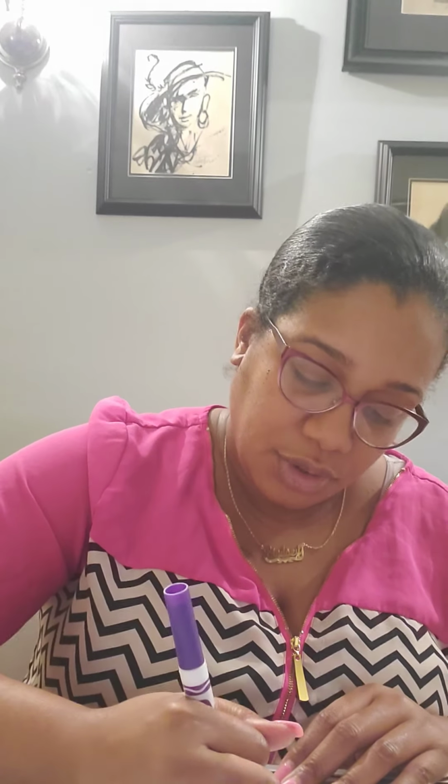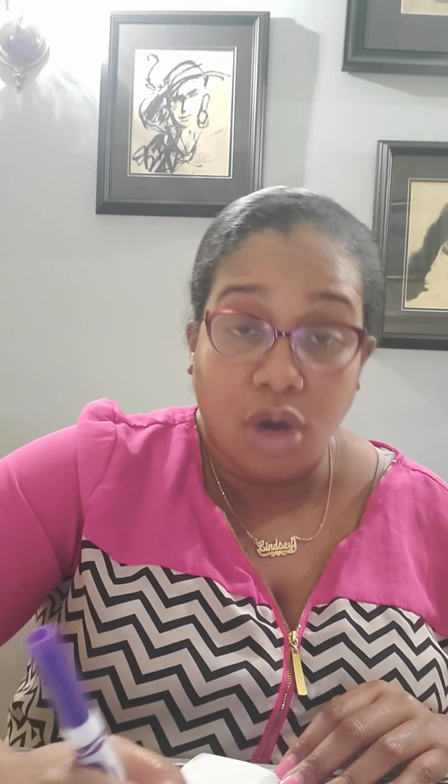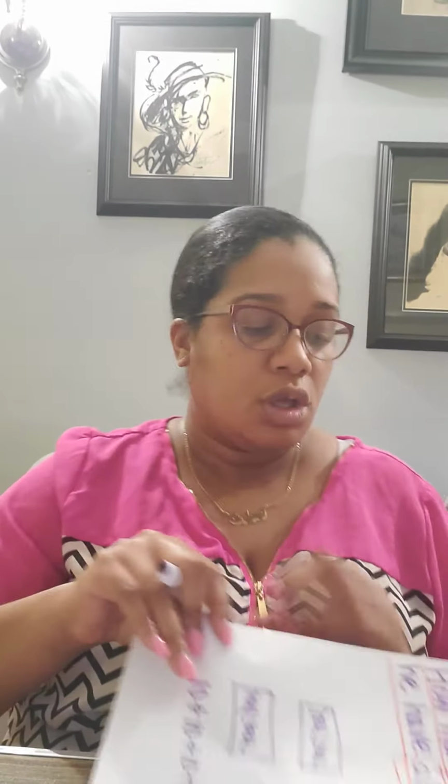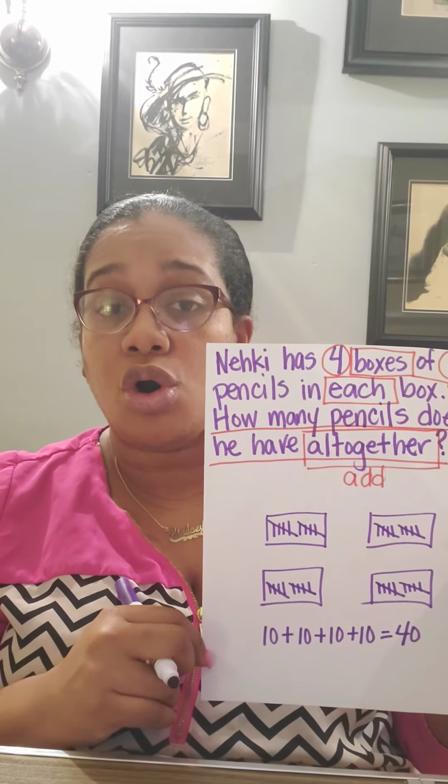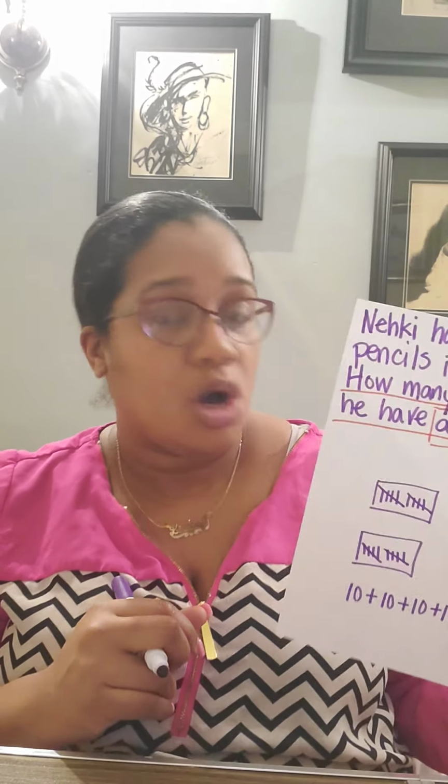Now the number sentence that would go with this, I'm going to add each 10 together. So I will do 10 plus the next group of 10 plus the next group of 10 plus the next group of 10. And we know already from counting it that it equals 40. So Nakai has 40 pencils all together. All right, let's move on to our vocabulary.